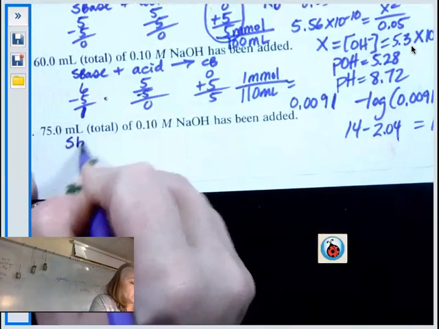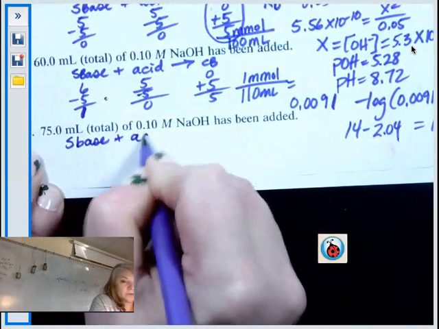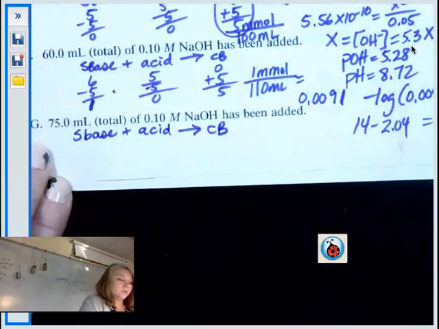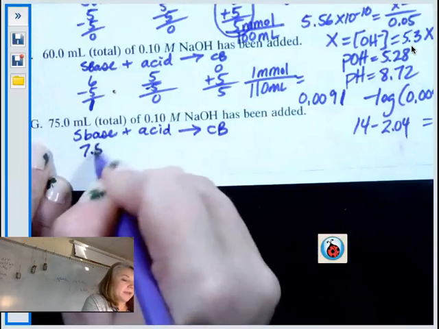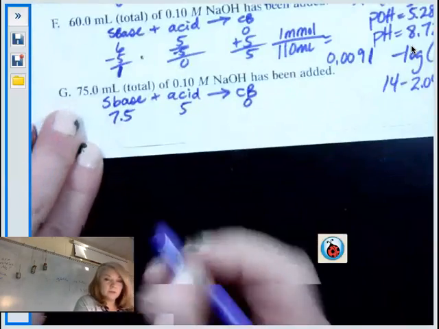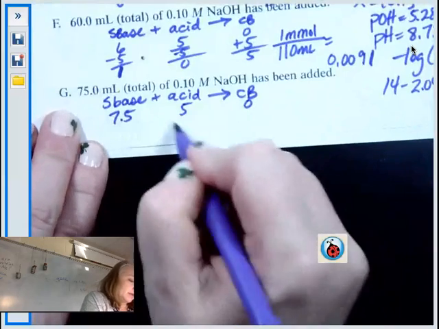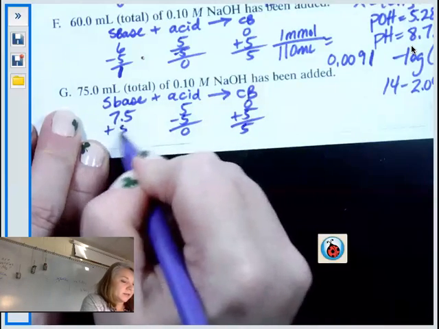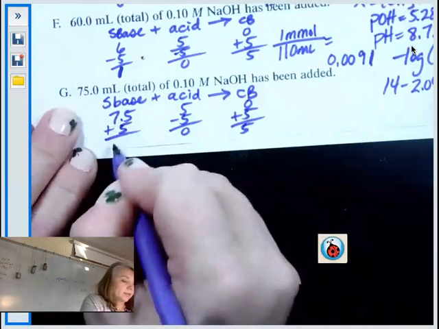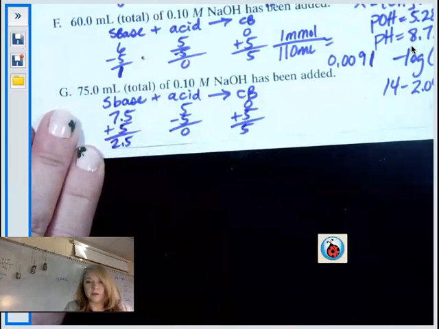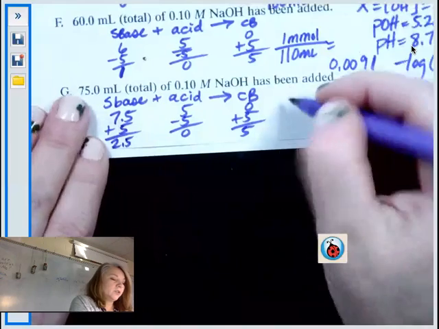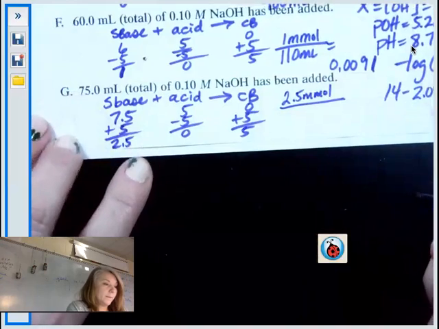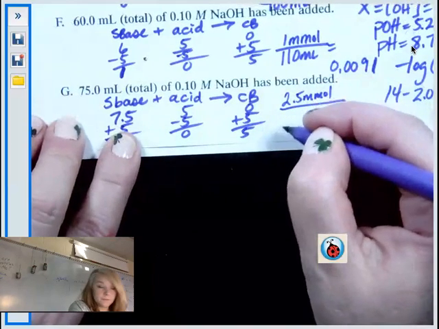That was easier. Yeah, it's way easier. Once you get past that equivalence point, you are in the home stretch. Okay, so strong base, we have 7.5, acid 5, conjugate 0. It's like we're keeping a scoreboard here. Minus 5 would be 0, plus 5 is 5. We don't care though, because it's not going to win out over the strong base. So I got 2.5. Make sure I did my math right there. And then I'm going to need the concentration, so 2.5 millimoles divided by the total volume, 125.